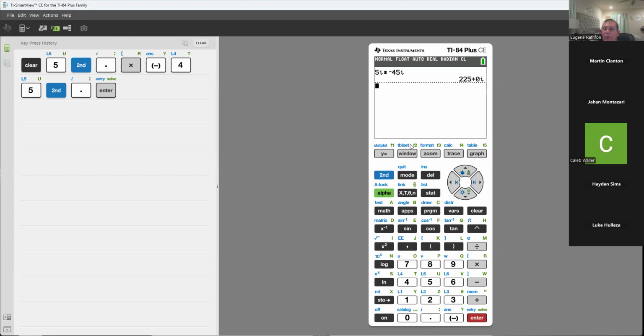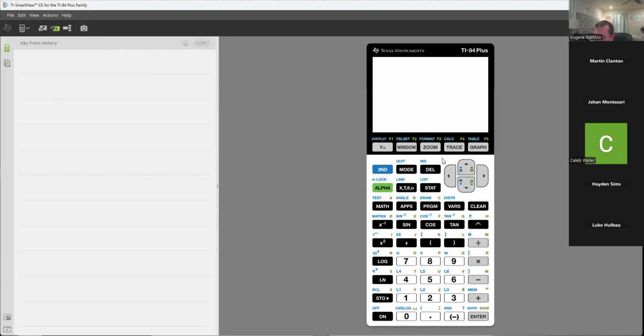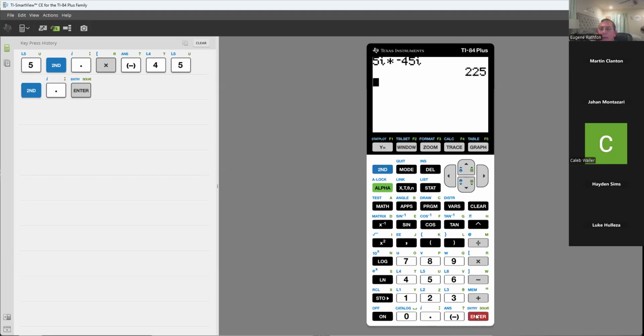I'm going to change this to my TI-84 Plus. I'm going to see what this does. So 5I times negative 45I equals 225. So I guess the CE always puts that 0I stuff on it. But my TI-84 Plus, probably the apps will do this. And there's that 225, okay?